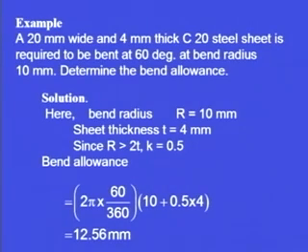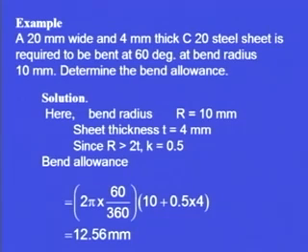It is required to be bent at 60 degrees. So, the angle is also given, at a bend radius of 10 millimeters. So, the value of R is also given. We have to calculate the bend allowance.